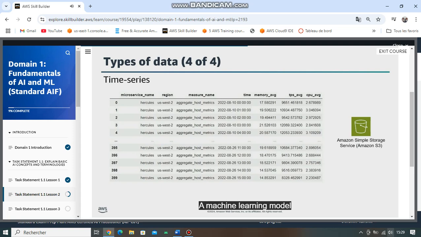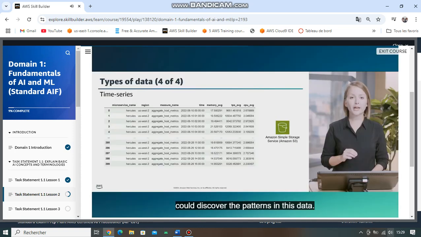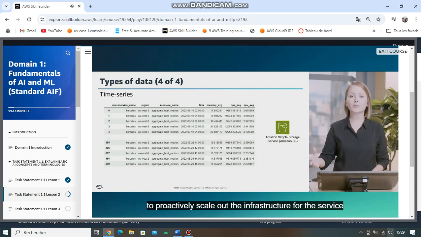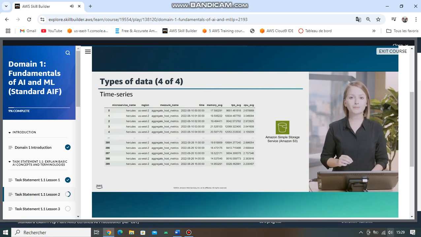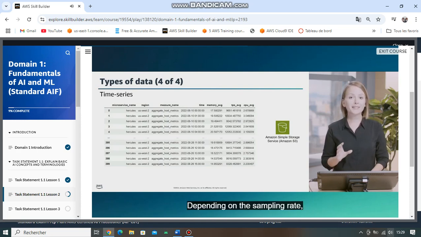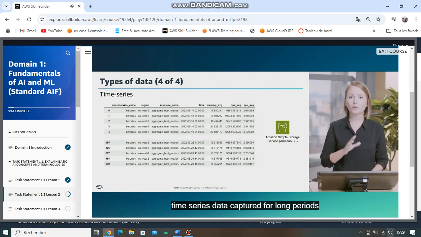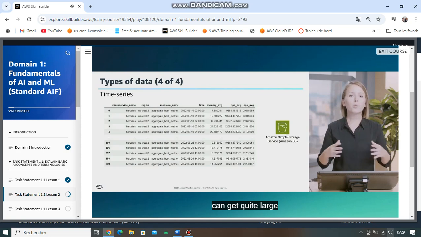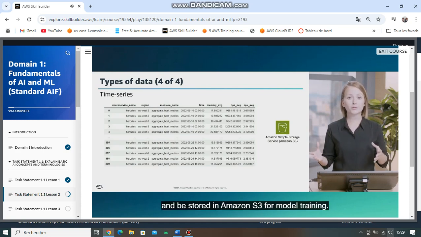A machine learning model could discover the patterns in this data. It could then use it to proactively scale out the infrastructure for the service before load is expected to increase. Depending on the sampling rate, time series data captured for long periods can get quite large and be stored in Amazon S3 for model training.